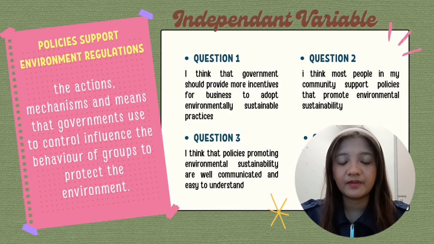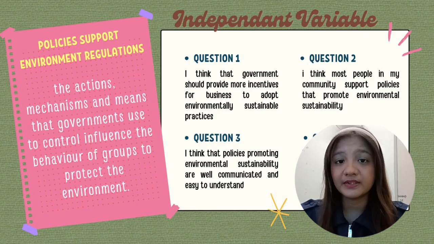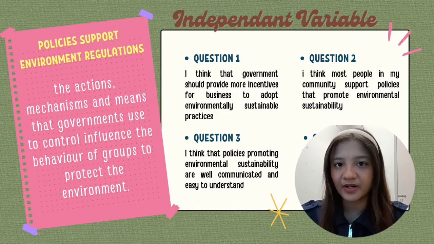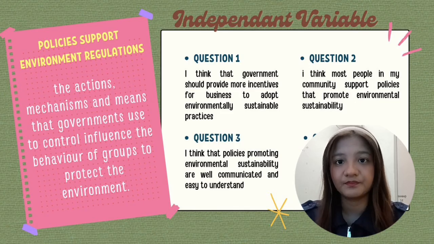The third independent variable is policy support environment regulation. Policy support environment regulations are the actions, mechanisms, and means that government uses to control and influence the behavior of groups to protect the environment. The questions asked are: I think that government should provide more incentive for businesses to adopt environmentally sustainable practices.